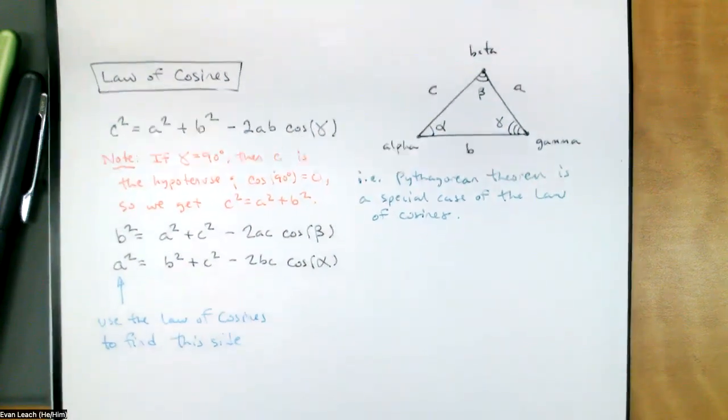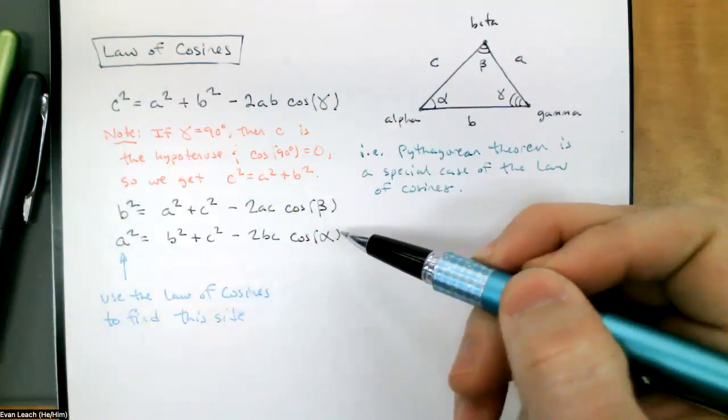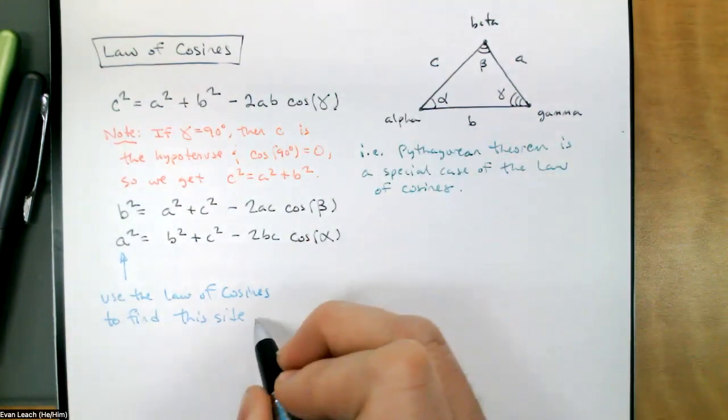So we're going to use the law of cosines to find this side, A, B, or C, depending on whether we have alpha, beta, or gamma.